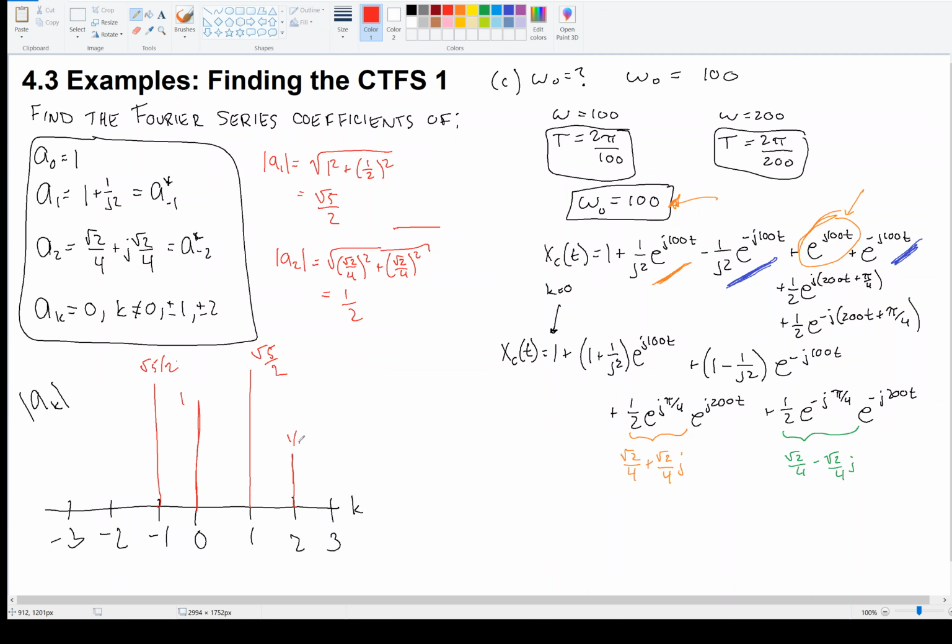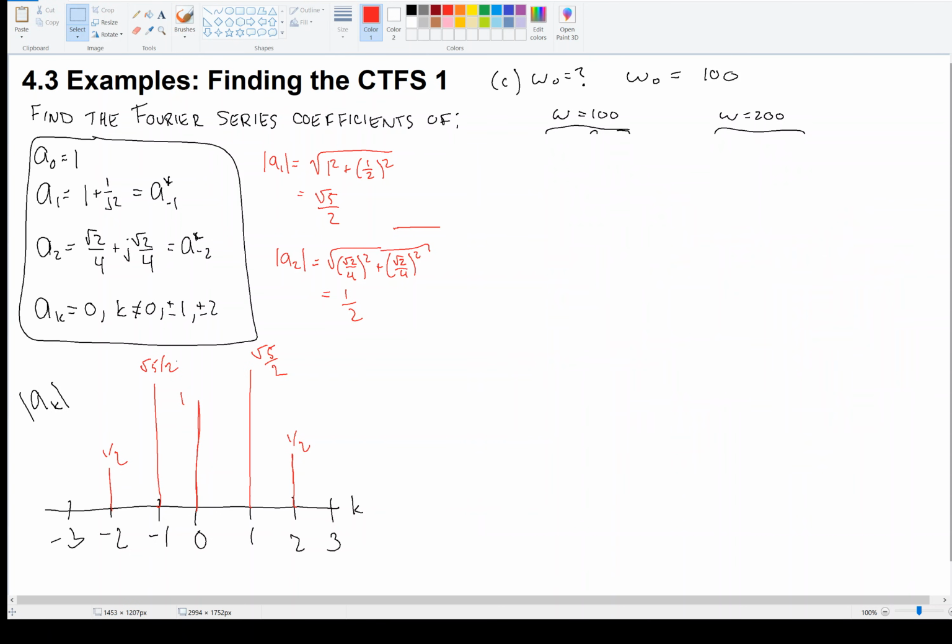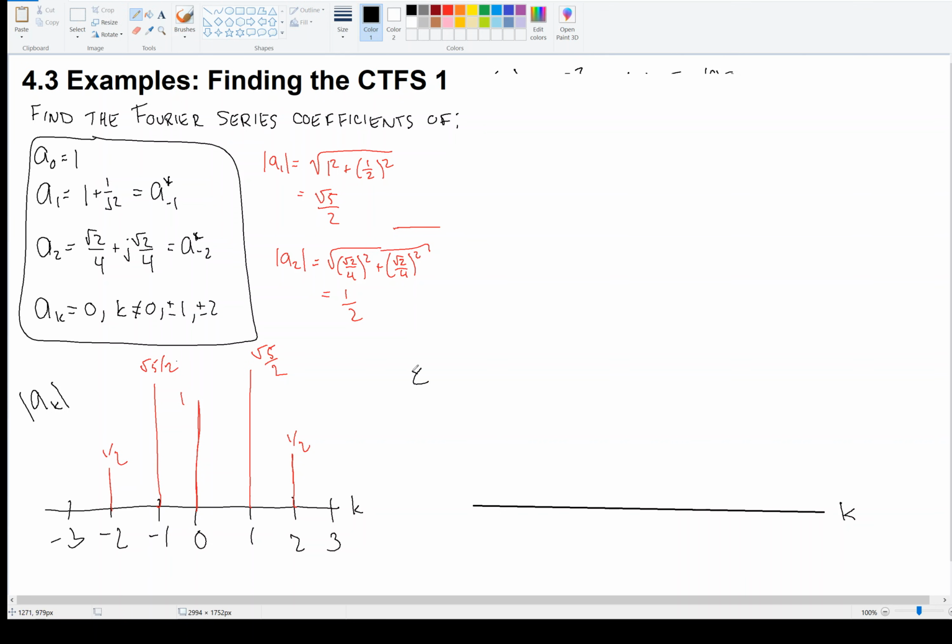So here's 1/2, here's 1/2, and then the rest are 0. Okay, and finally, just to completely specify this, let's plot the phase of AK.